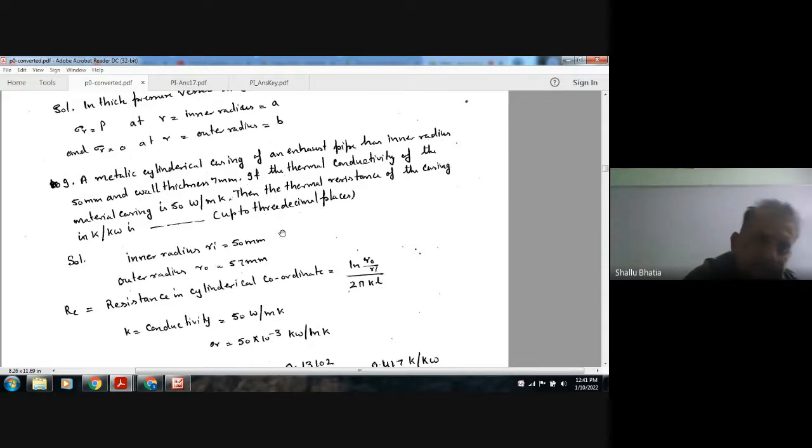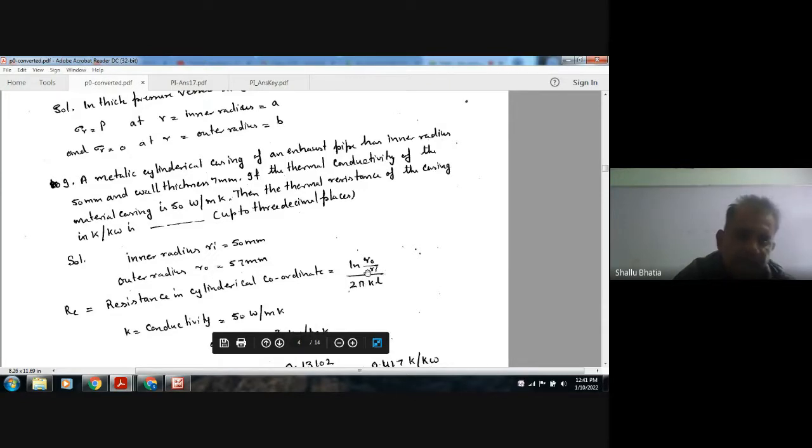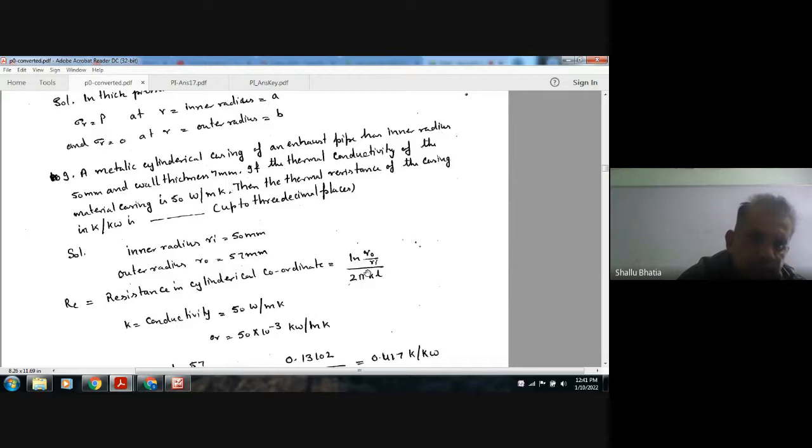Okay, here the inner radius is 50 mm and the outer radius is 50 plus 7, 57 mm. In a cylindrical coordinate, the resistance is given by ln of r naught by r1 divided by 2 pi k l, where r naught is 57, r is 50 and k is 50.